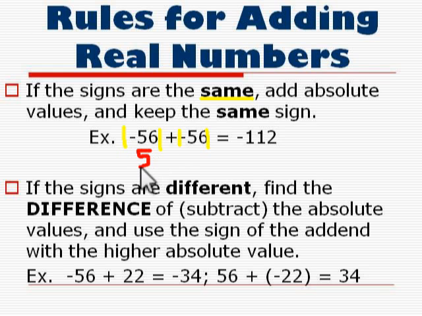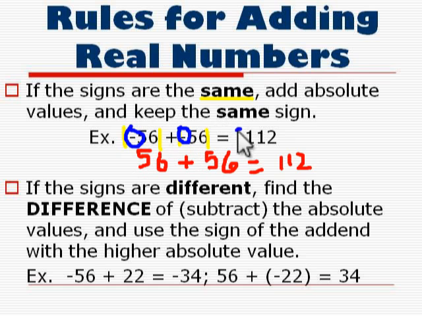So, 56 plus 56 is 112. And then the sign that we're going to use is the same as the one that was in both of the original numbers because they're the same sign. They're both negative numbers, so we ended up with -112. Okay, so that's rule number 1.